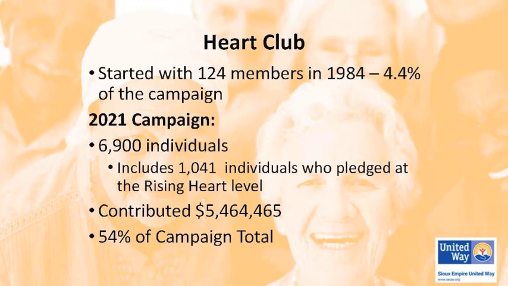That did include 1,041 who pledged at the Rising Heart Club level as well. So between all those contributions, that made up over $5 million for the campaign, or about 54% of the campaign. So a huge part of us making our goal is those Heart Club and leadership givers.